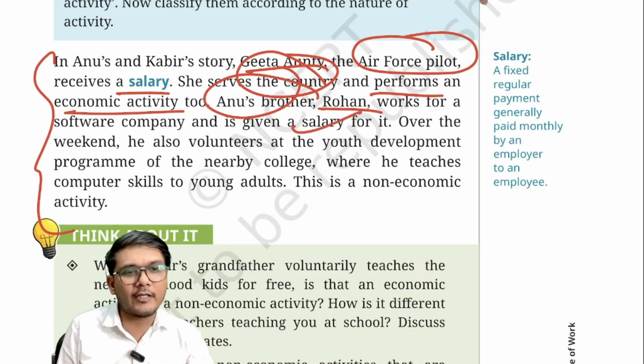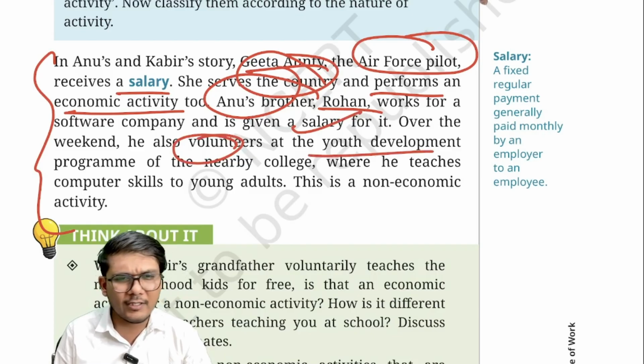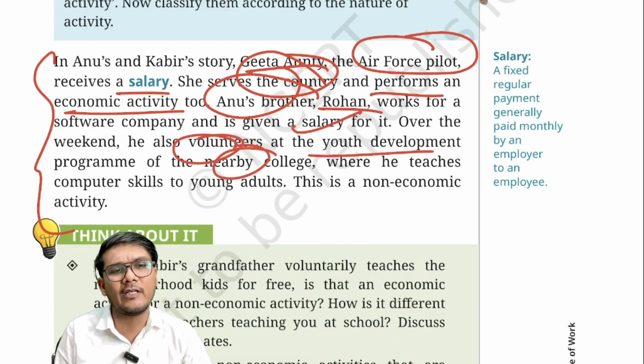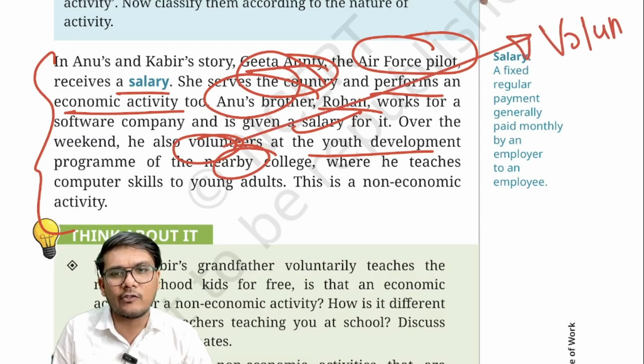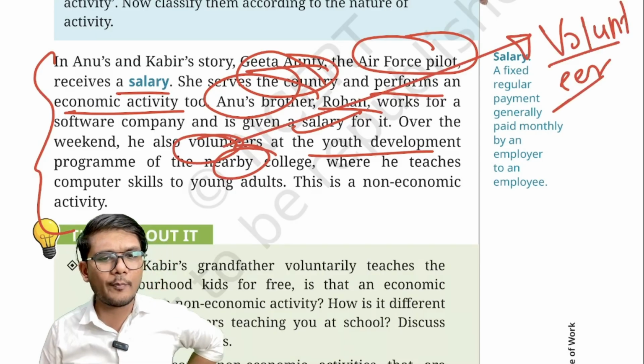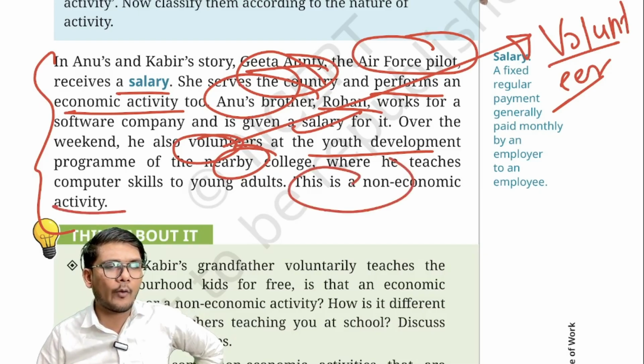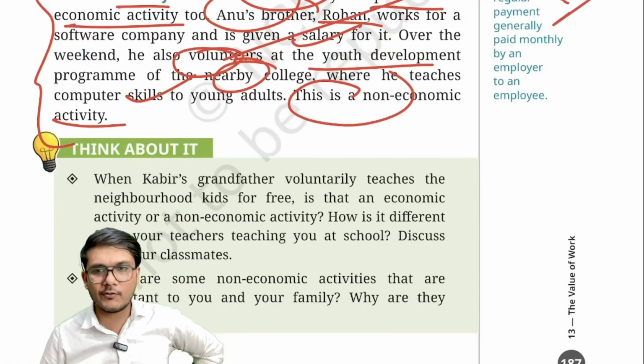But over the weekend he volunteers at the youth development program in a nearby college. So that's a non-economic activity, because he volunteers. Volunteering work basically is not going to get you paid as such, so non-economic activity, right? So this is a non-economic activity, providing things voluntarily. I hope that's clear. Yes.